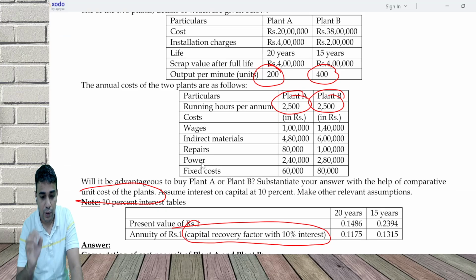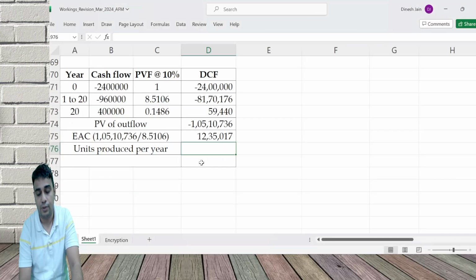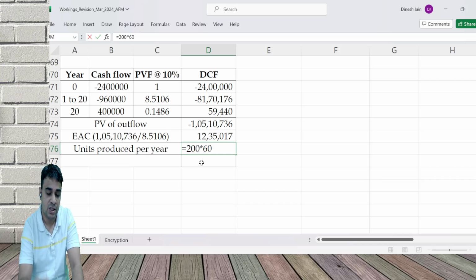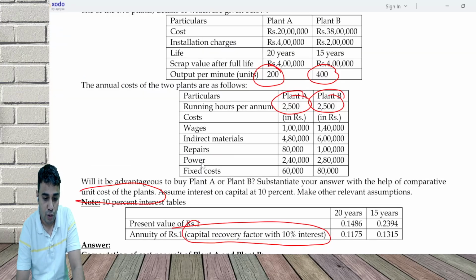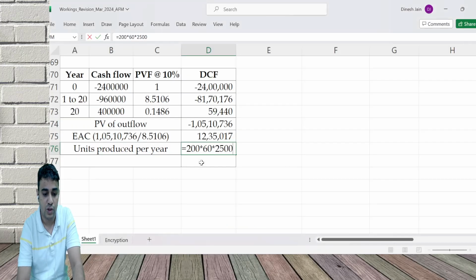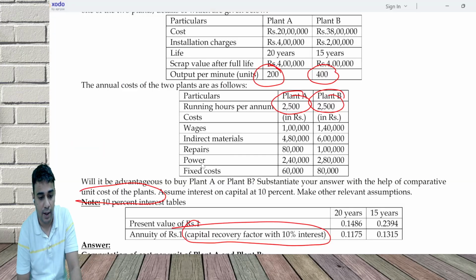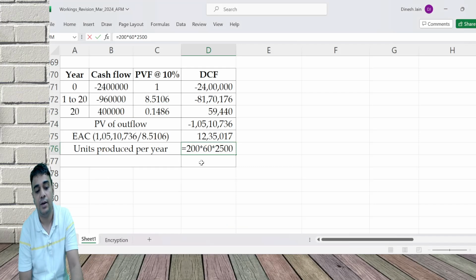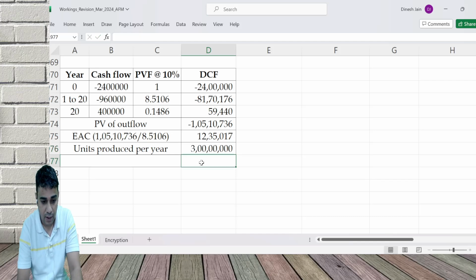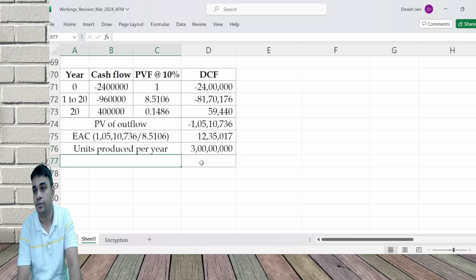It says 200 units per minute, into 60 minutes per hour, into 2000 hours. I'm getting the number as 3 crore.